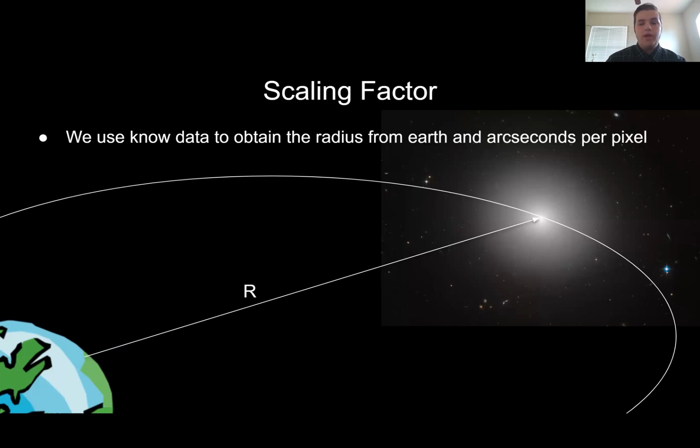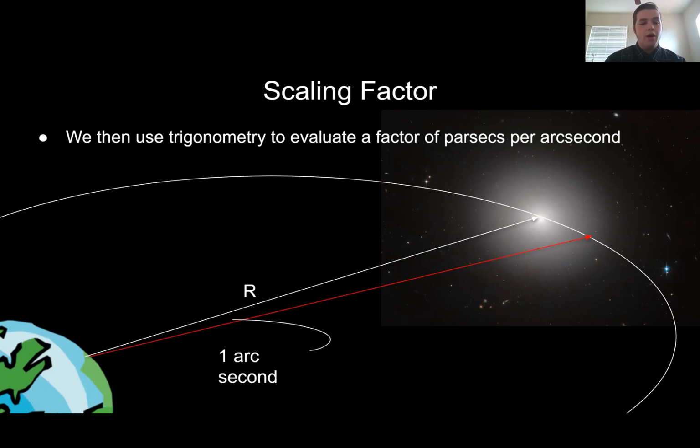From there, we had to obtain our resolution for our images. So this resolution in arcseconds per pixel corresponds to the angular distance across the sky each pixel corresponds to. So to complete our scaling factor, we swept out an angle of 1 arcsecond and used trigonometry to evaluate the length around the circle that encompassed.